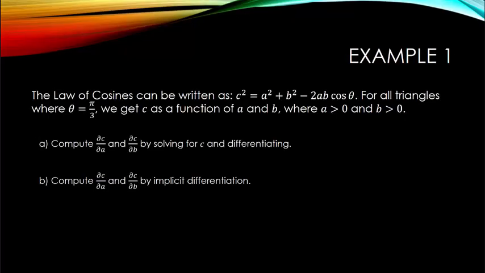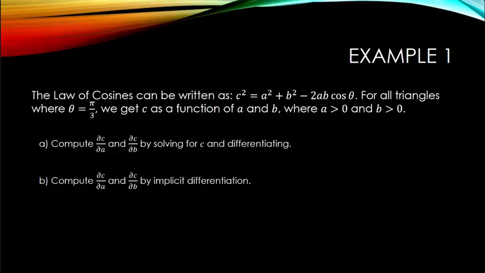The law of cosines can be written as c squared is equal to a squared plus b squared minus 2ab times the cosine of theta. Now for all triangles where theta is pi over 3, we can get a function c that is a function of a and b, where a and b are both greater than 0.